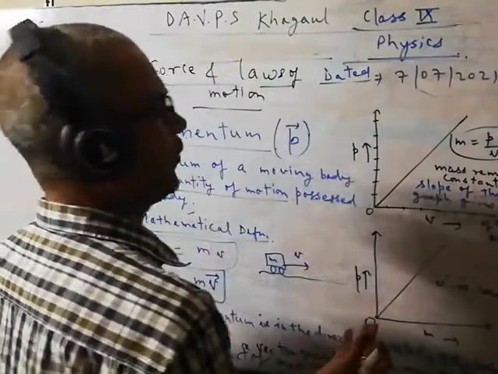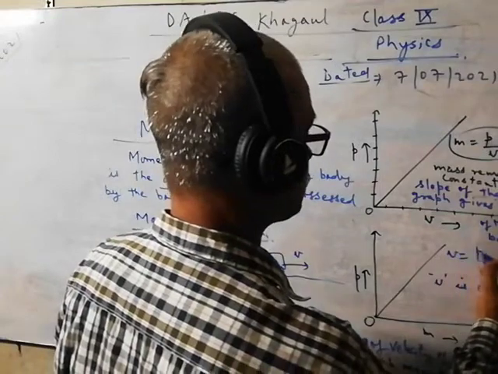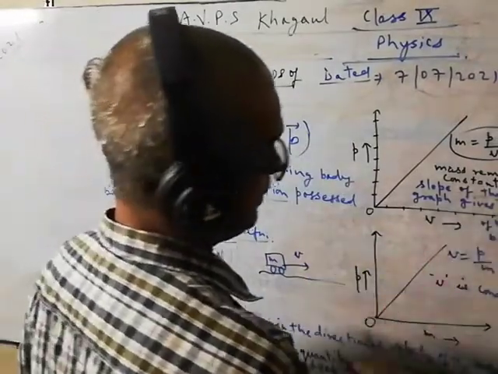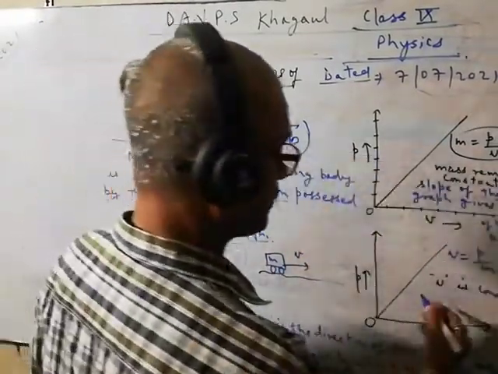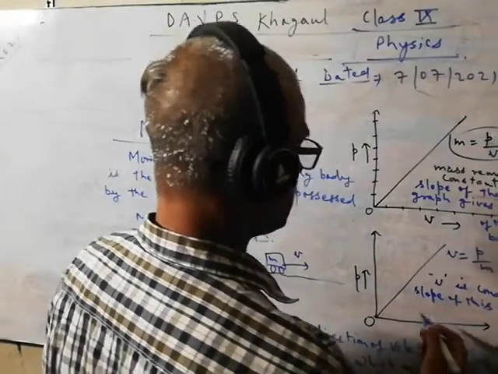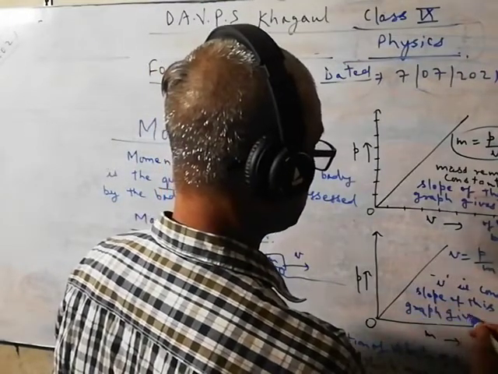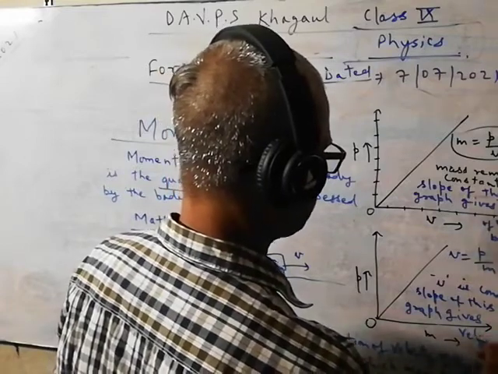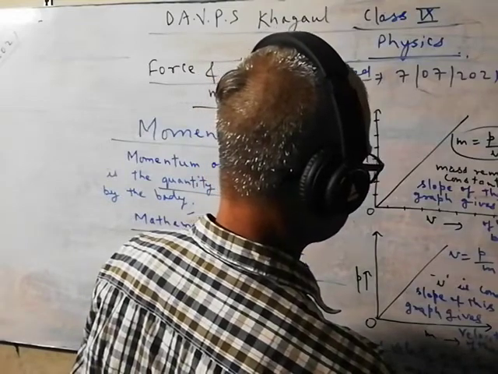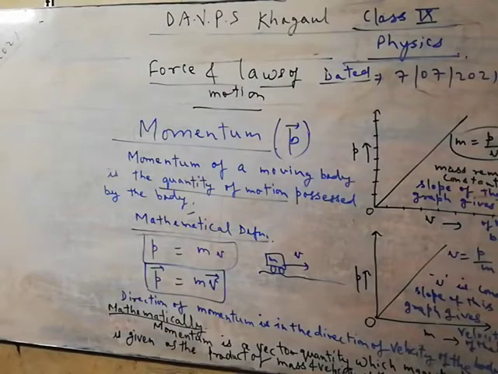And how can we get V? V we can get as P by M. So here again the slope of this graph gives the velocity of the body. So this way we are learning new facts here. That is very important.